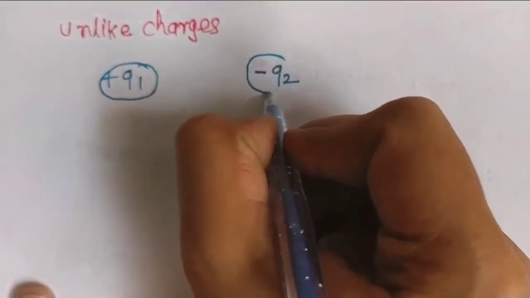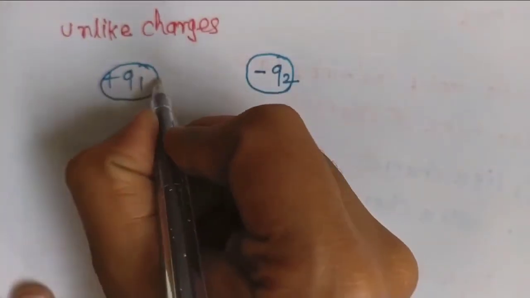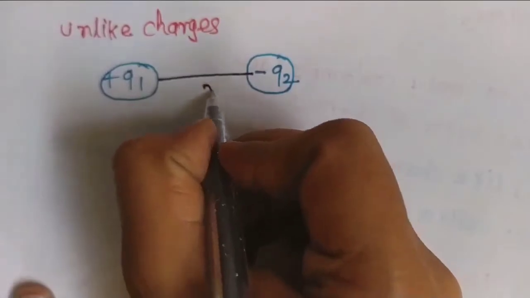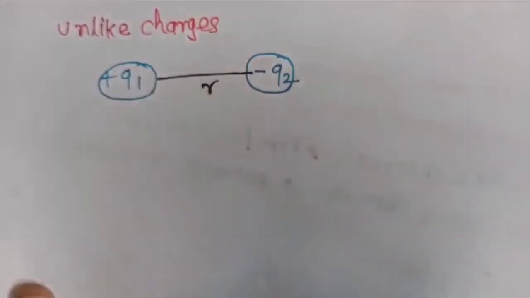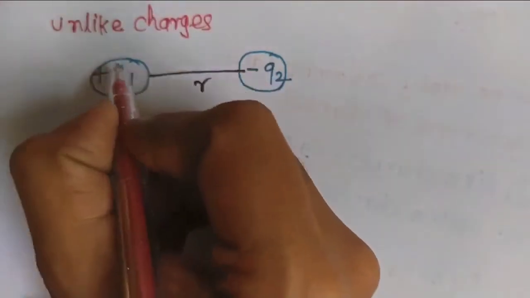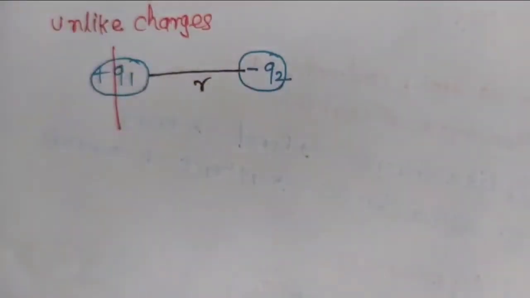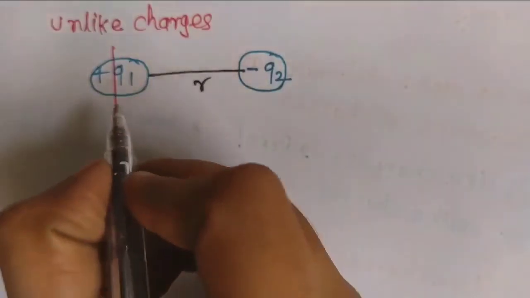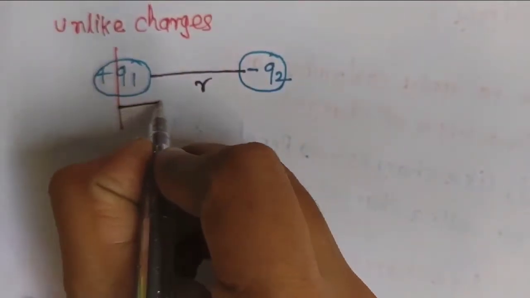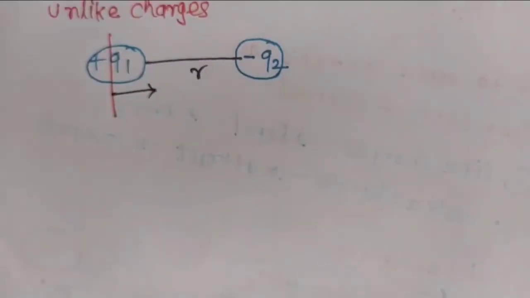And we have to find the net force on charge Q1 due to the charge minus Q2, and the distance between them is R. Let's first find the force on charge Q1 due to the charge minus Q2.